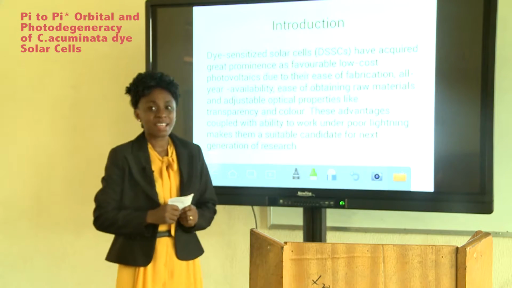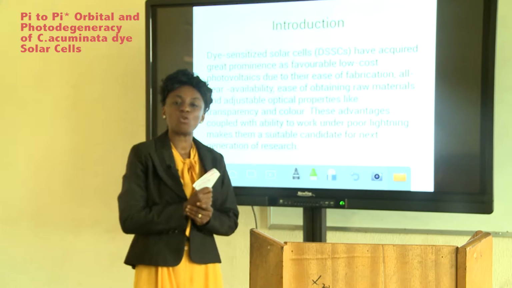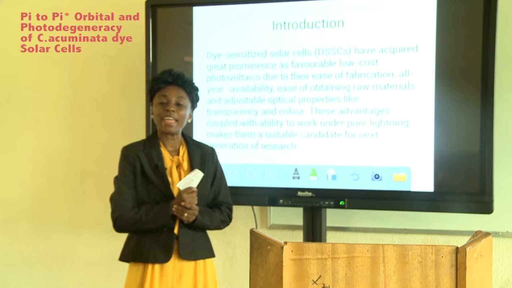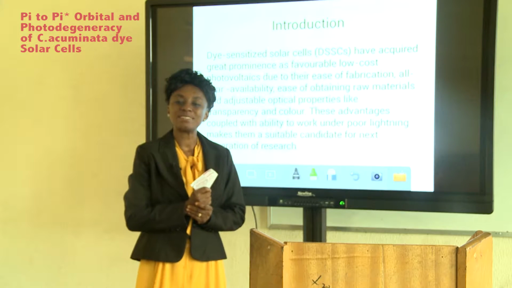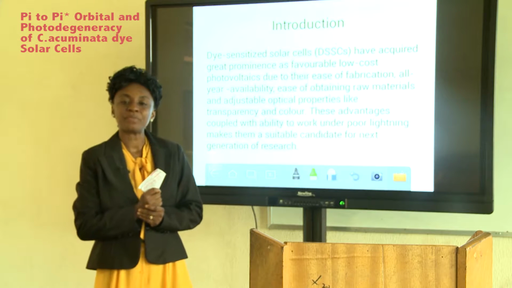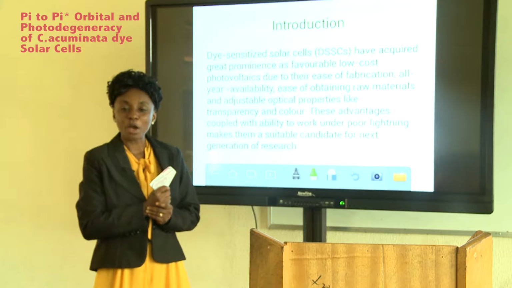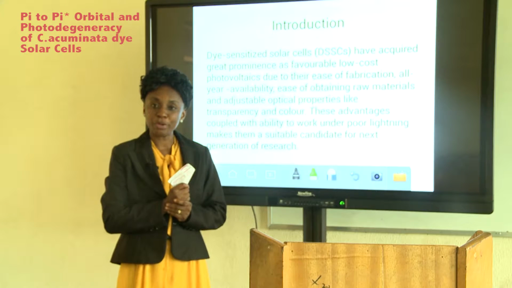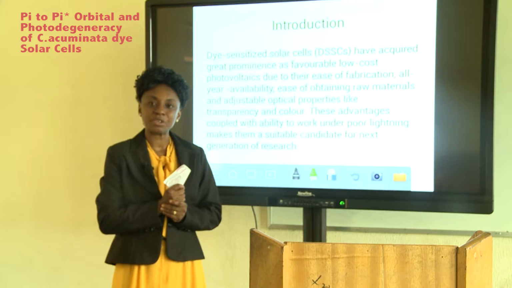Dye solar cells have acquired a huge prominence since they were first discovered by Grätzel in 1991. And the reason is that silicon solar cells are quite expensive. As opposed to that, dye solar cells are available all year round and they're cheap. They are also easy to fabricate following very simple procedures.